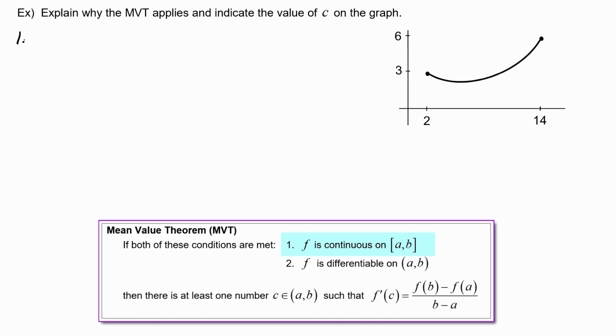Now, our interval will be from 2 until 14, and because we can draw the graph without picking up our pencil, we know it's continuous. So by the graph, f is continuous on the interval from 2 to 14.